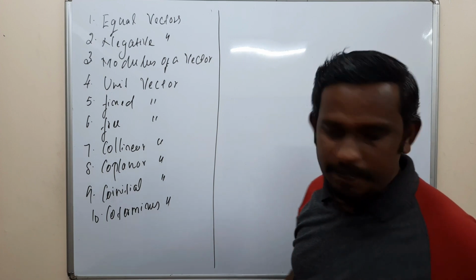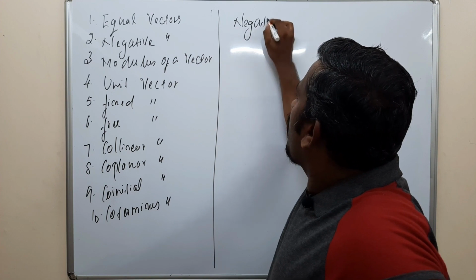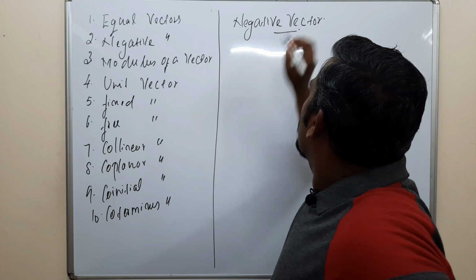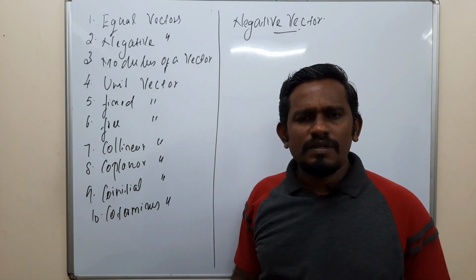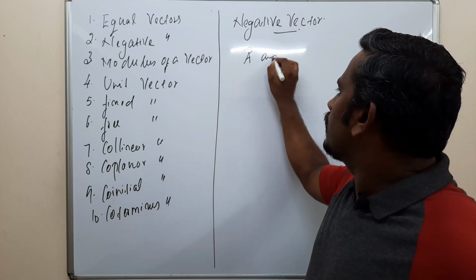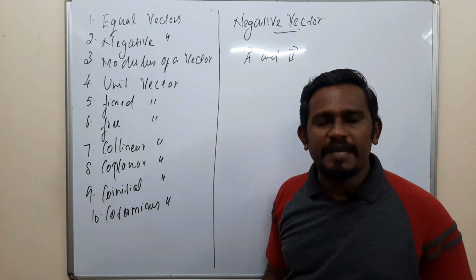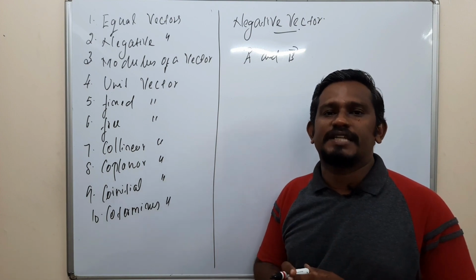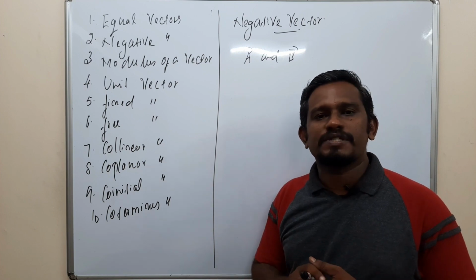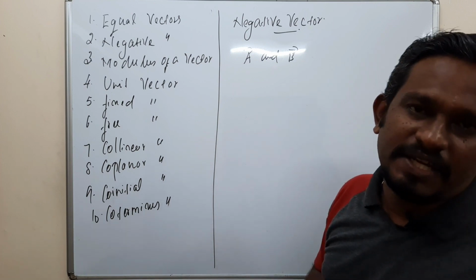Negative vector. Suppose two vectors, a vector and b vector, have the same magnitude and they are acting in the opposite direction. Then we can say that one vector is the negative of another vector and vice versa.